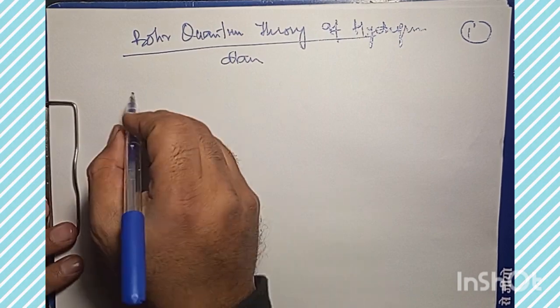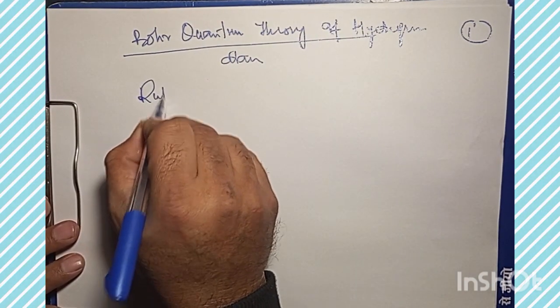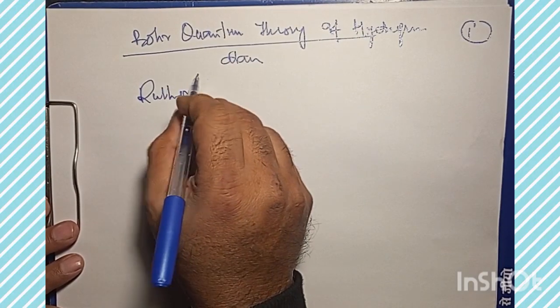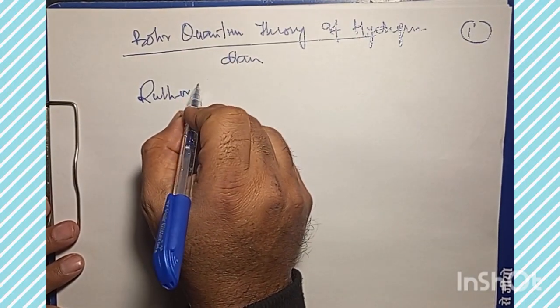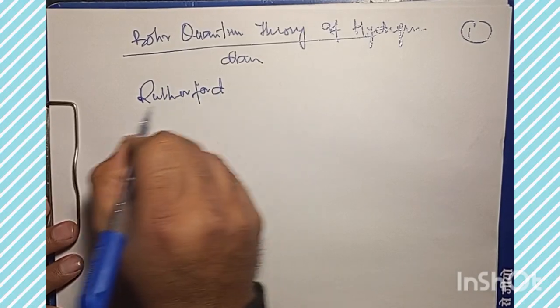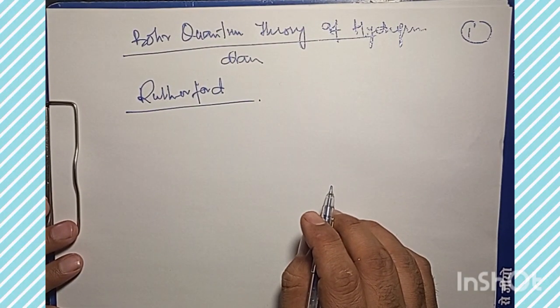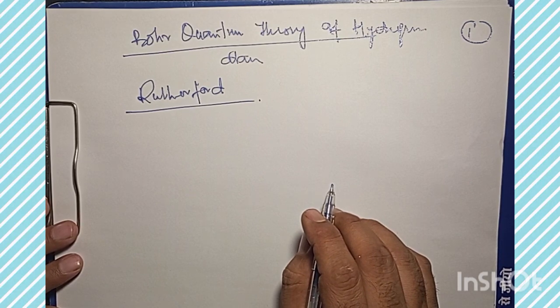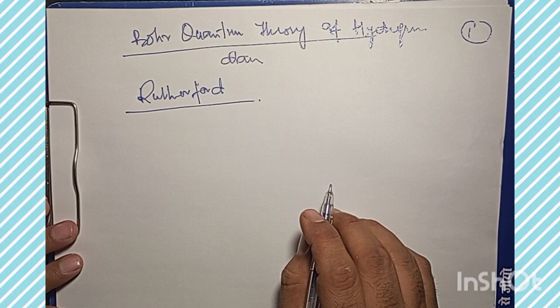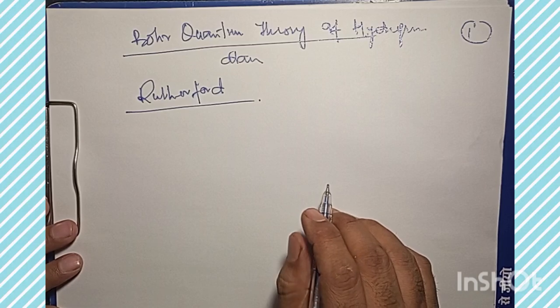Now, what was Rutherford's model? Actually, Rutherford is known to be the father of nuclear physics because he discovered the nucleus, and that contribution cannot have any equivalence in the domain of science.